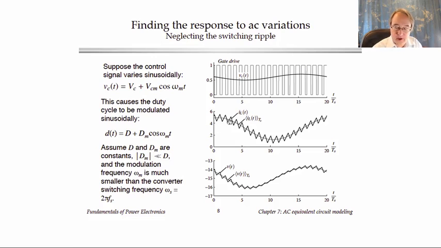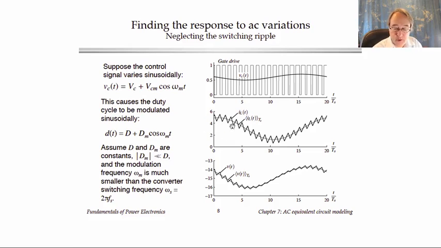Okay, the second waveform here is the observed inductor current, and it has some switching ripple, but there's an average. If we were working in steady state, we would have a constant average that is the DC component of the inductor current. In this diagram, though, we have some AC variation, and that's causing the underlying average to vary.